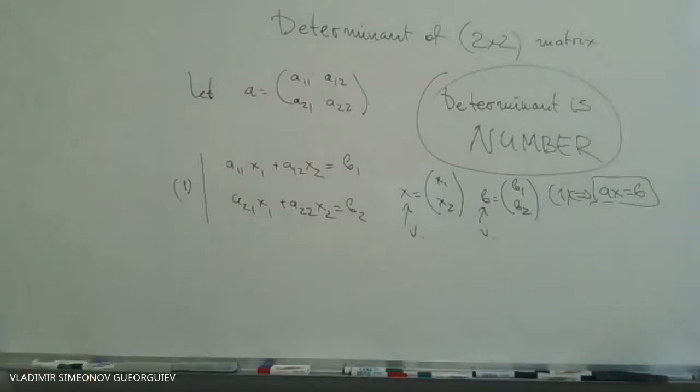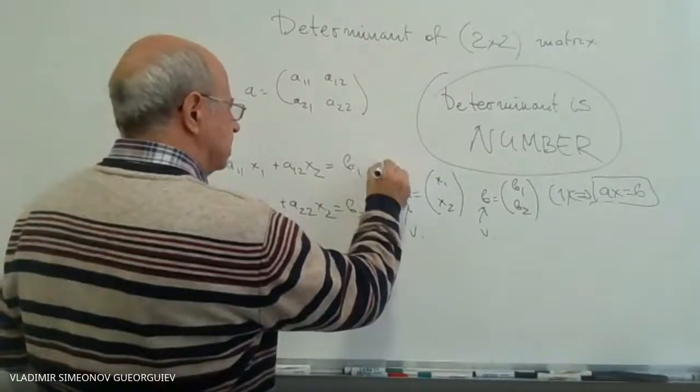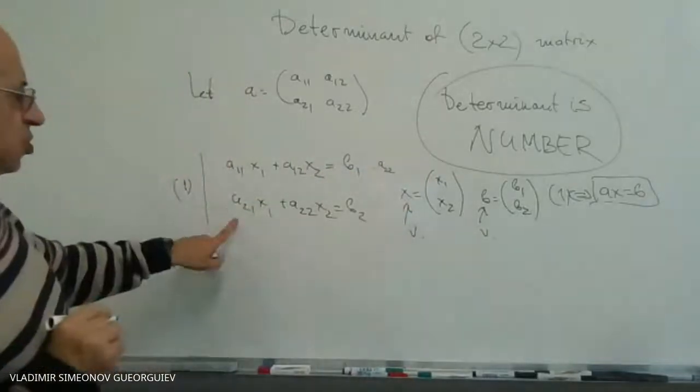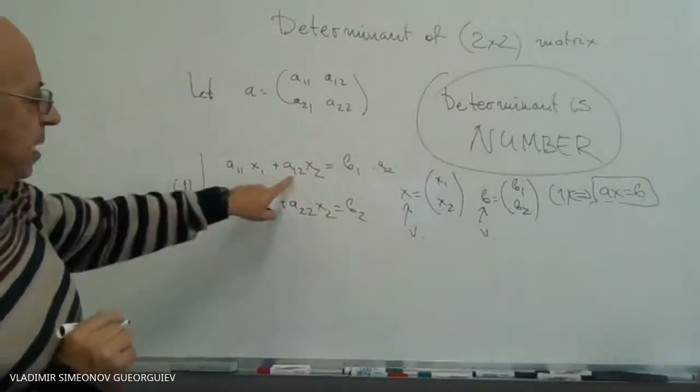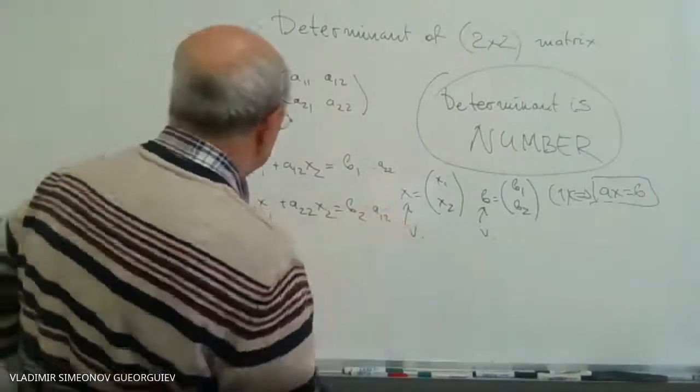For example, to find x1, my plan shall be the following. The manipulation shall be the following. Multiply this equation by A22. This equation I shall multiply by this guy, A12.